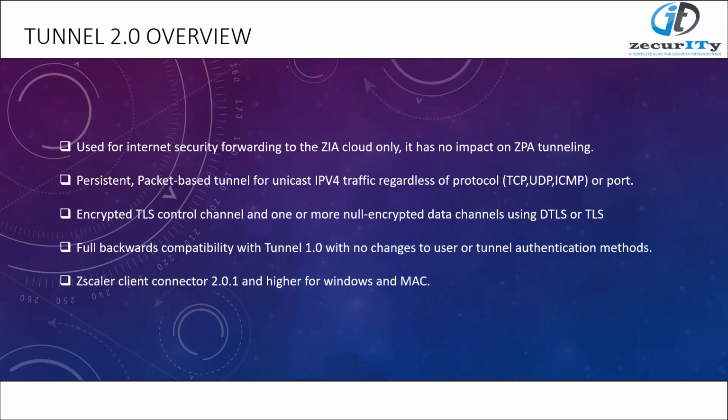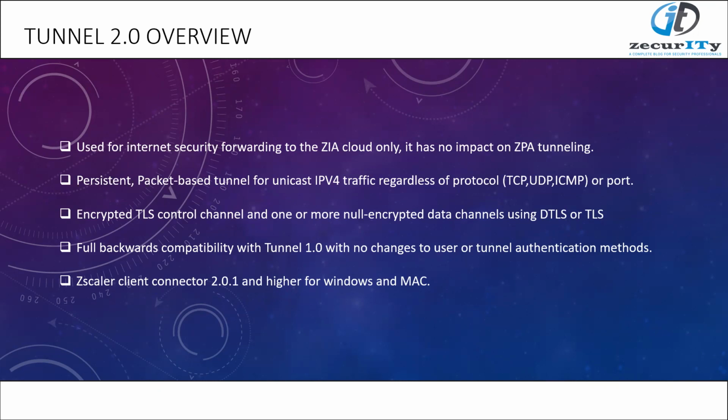To start with the overview, Tunnel 2.0 is predominantly used for the ZIA cloud. There is no impact on ZPA tunneling. Tunnel 2.0 is a persistent, packet-based tunnel for IPv4 traffic regardless of the ports and protocols. An encrypted TLS control channel is established from the Zscaler Client Connector to the nearest private or public service edge.